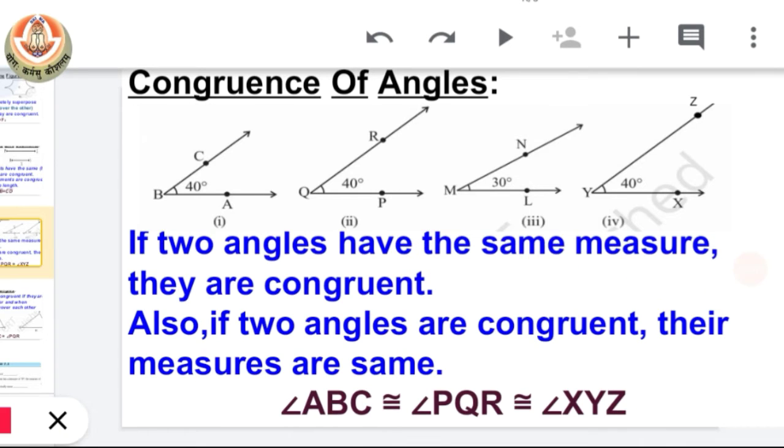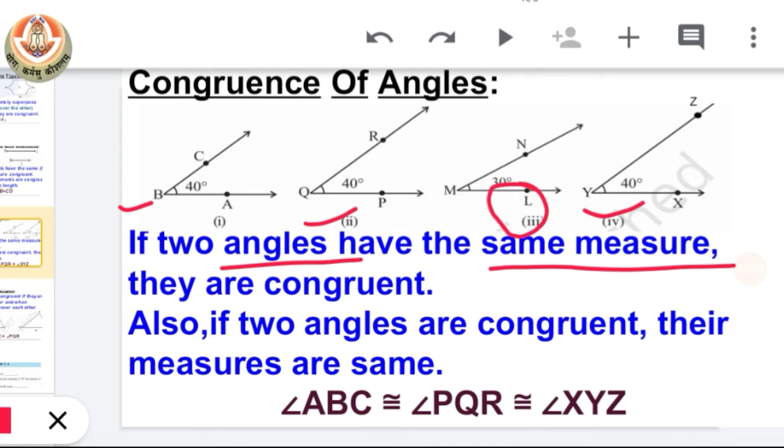Now let's see what congruence of triangles means. You can see here we have various examples. If two angles have the same measure, you can see here this angle is 40 degrees, this is also 40 degrees, and the fourth one is also 40 degrees, whereas the third one is 30 degrees.